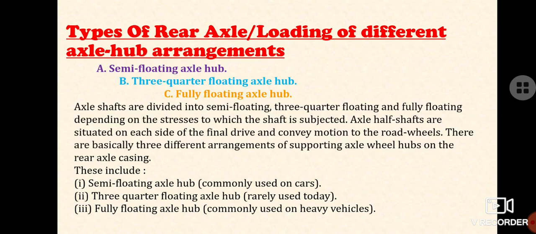Axle shafts are divided into semi-floating, three-quarter floating, and fully floating, depending on the stresses to which the shaft is subjected. Axle half shafts are situated on each side of the final drive and convey motion to the road wheels. There are basically three different arrangements that we have already mentioned above.